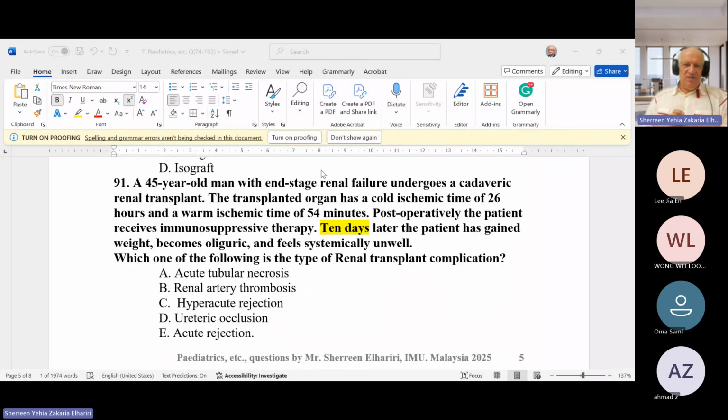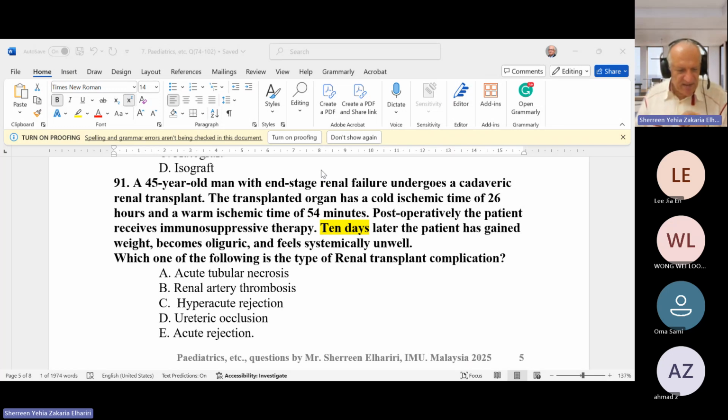This is hyperacute, and like incompatible blood transfusion, it is a type 2 hypersensitivity reaction. The acute stage occurs within 1 month, and it is due to type 4 hypersensitivity, so we consider it cell-mediated immunity, or delayed.